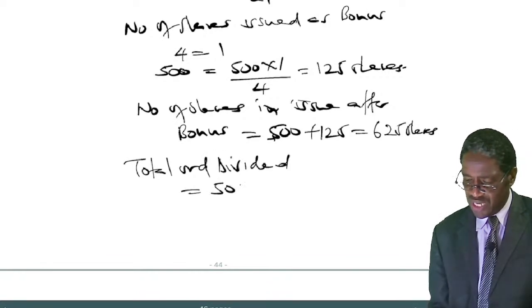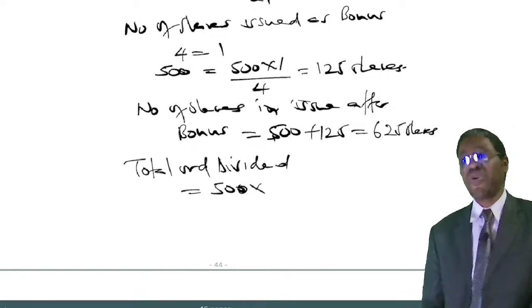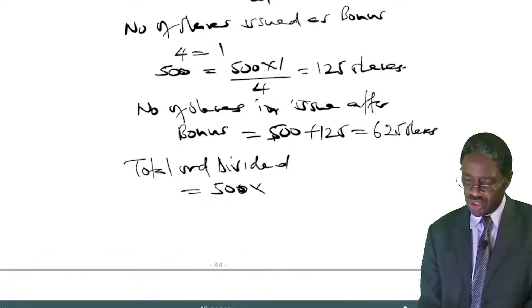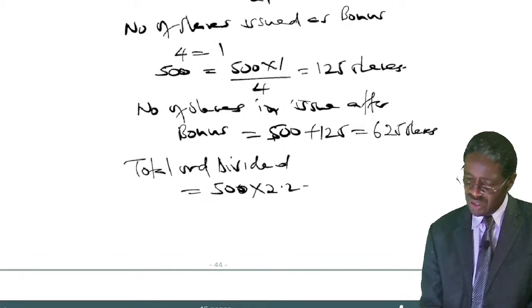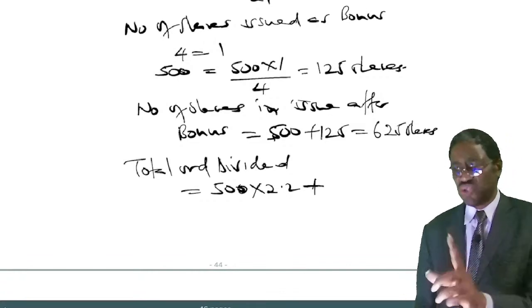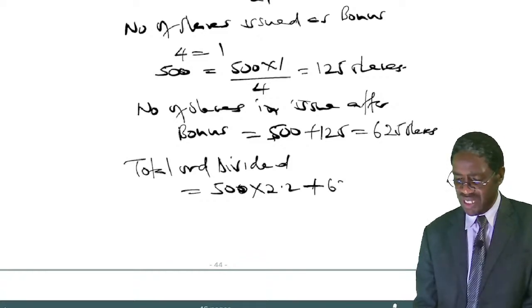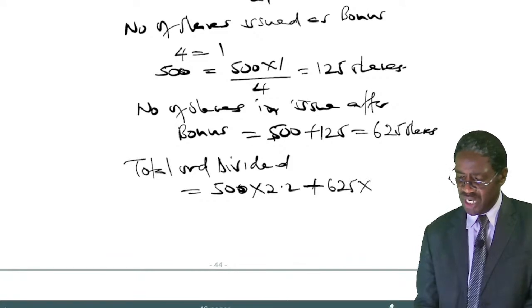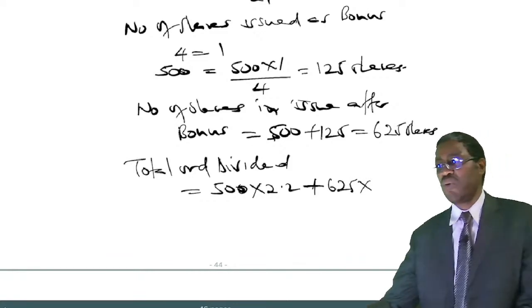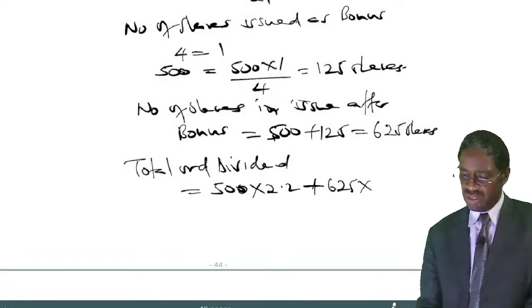Before the bonus, the company had 500,000 shares, and each share we were paying them at 2.2, if I remember, plus. After the bonus, now the company is no longer having 500,000 shares, but 625,000 shares, and we are paying them at a rate of how much per share? What was the question telling us? 2.6. Good.